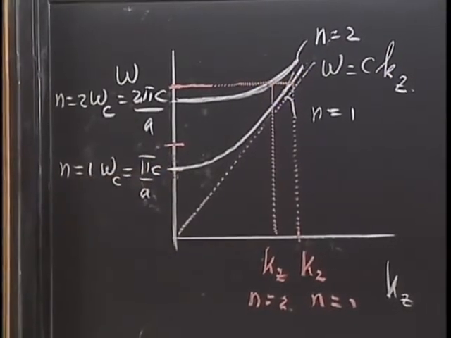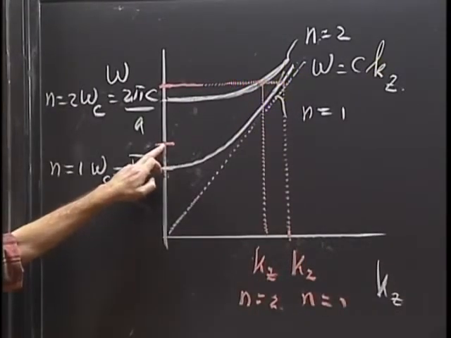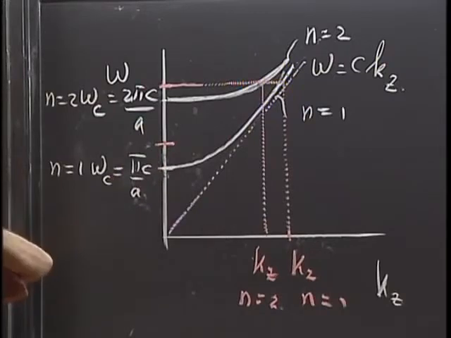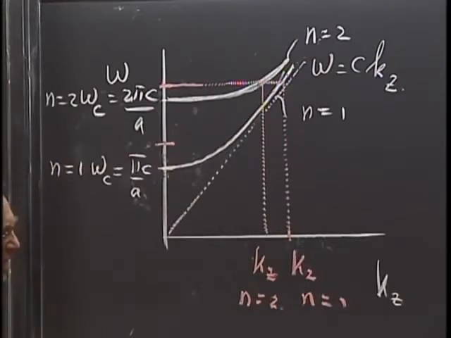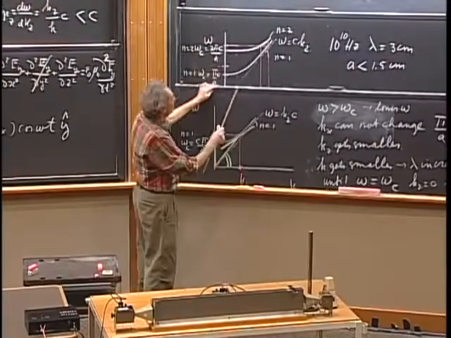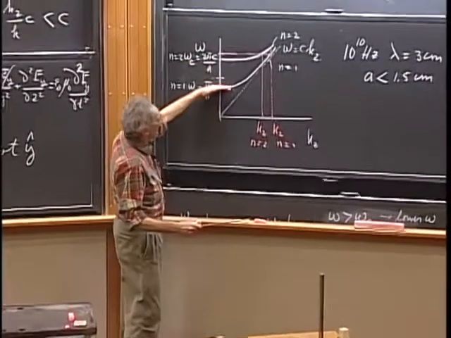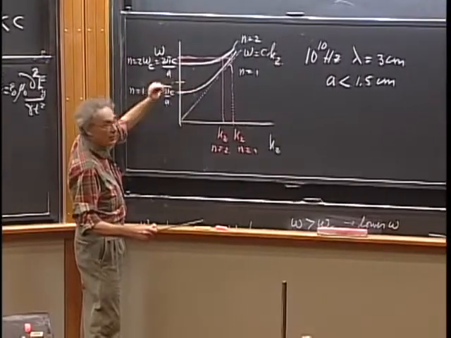And so I make omega c go up until it hits my 10 to the 10 hertz. Right? So here in our thinking, we lowered omega, and I showed you what happens. Now, to do the experiment, I lower A, and I move this line up until I hit that point.